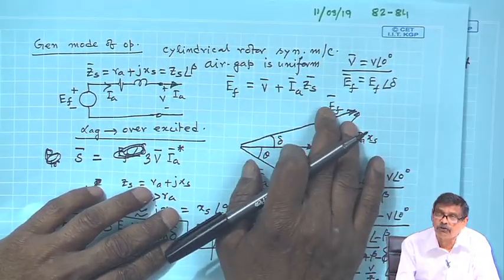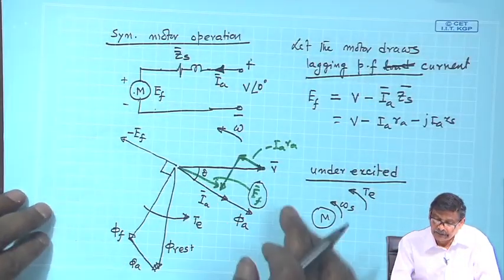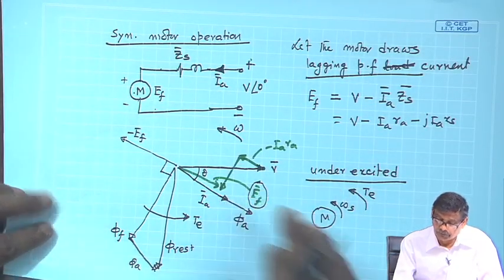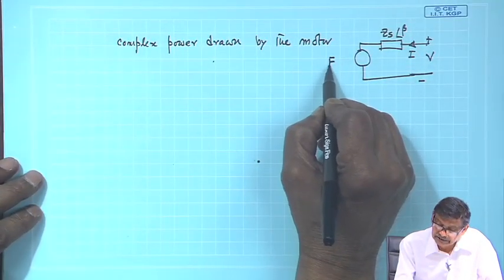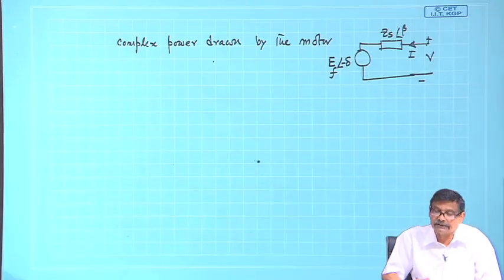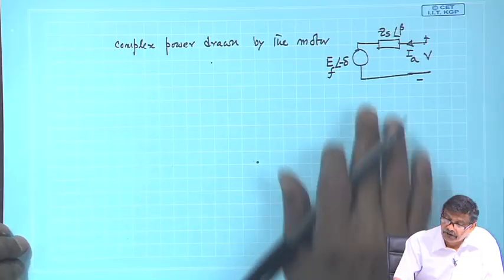So, EF will always be above V in the case of generator, and EF will be below the terminal voltage when it is in motor mode. Therefore, I will assume this voltage to be EF angle minus delta, and this is the armature current. Got the point.